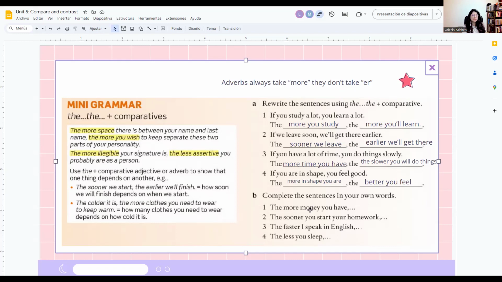So still on the same topic of comparatives. With this one, you have to remember that we are talking about two things, but one thing depends on the other. So that's an important relationship that you need to make when you want to make this kind of comparatives.